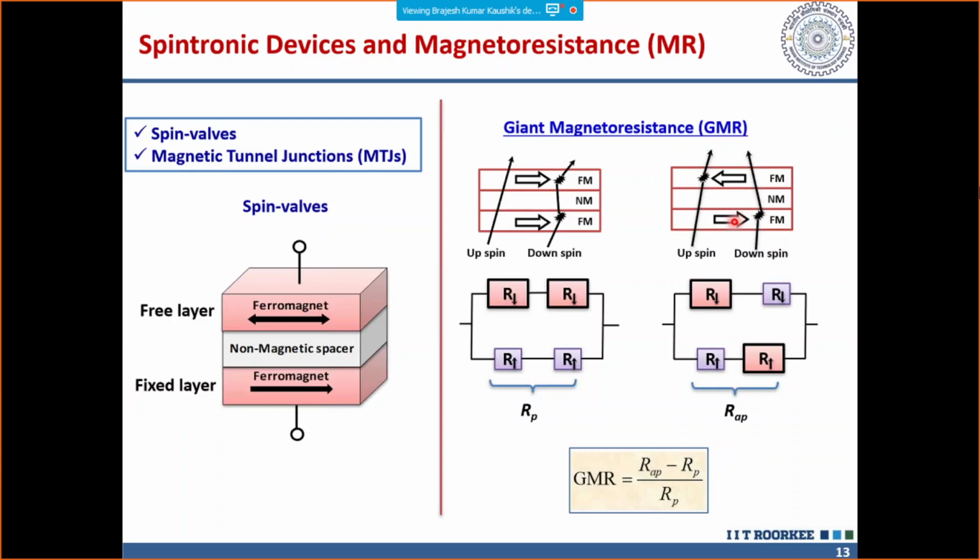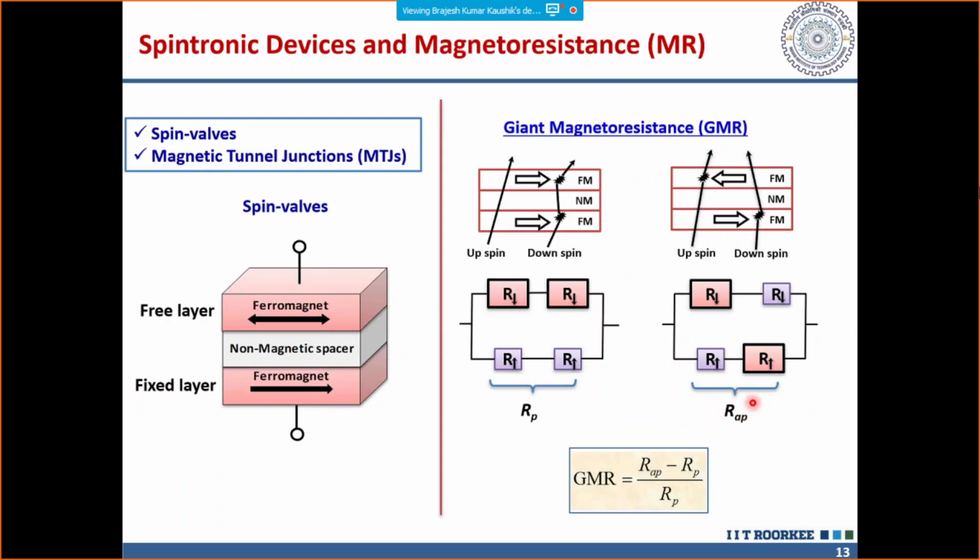And this results in two resistance states depending on the free layer orientation. So whether the free layer orientation is in this direction or in this direction, you'll have two resistance states for the electrons. This state is your parallel state where both orientations are parallel, whereas the other one is your anti-parallel state.